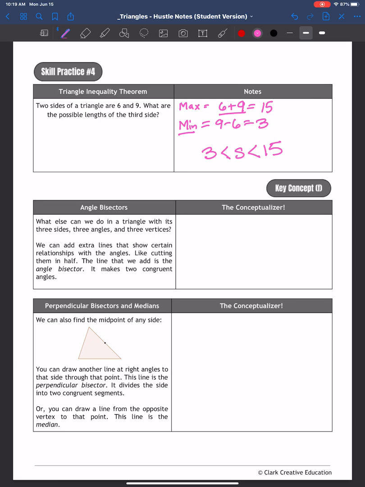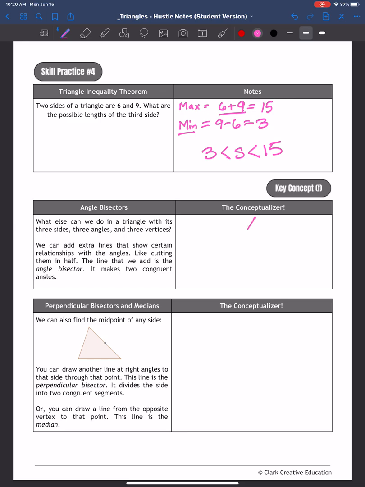Okay, so now we have angle bisectors. What else can we do with a triangle that's 3 sides, 3 angles, and 3 vertices? We can add an extra line to show certain relationships with angles, like cutting them in half. The line that we add is the angle bisector. It makes 2 congruent angles.